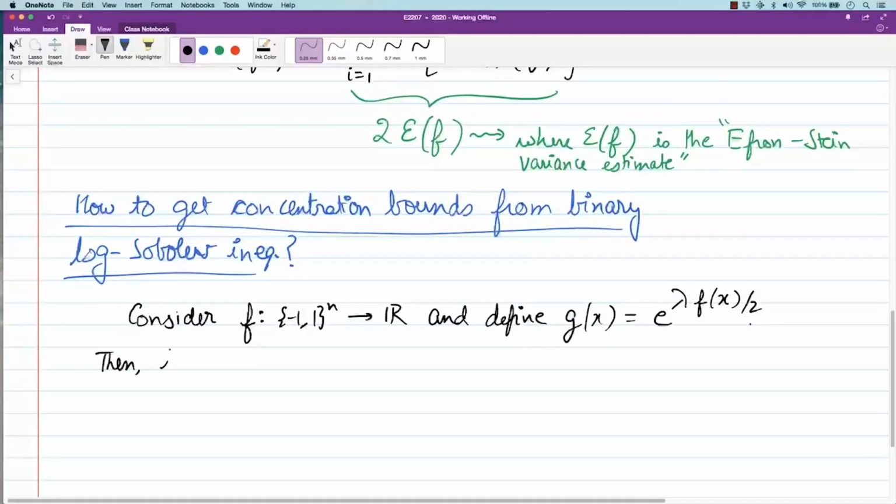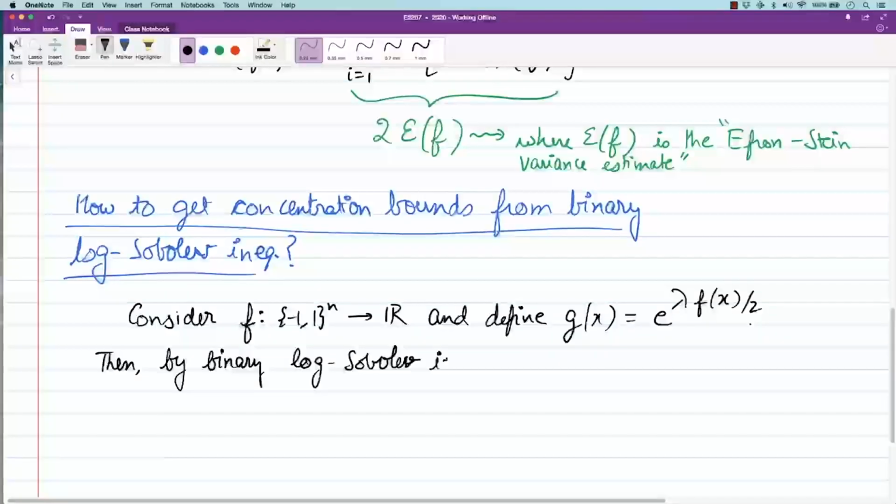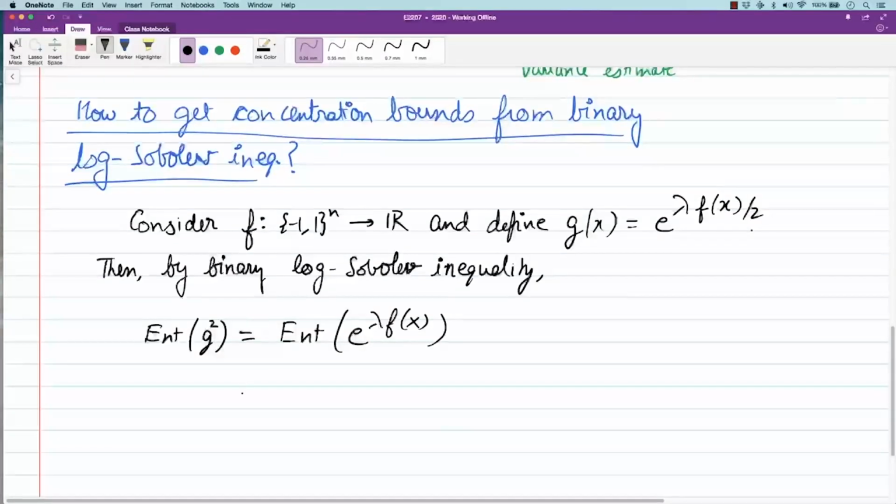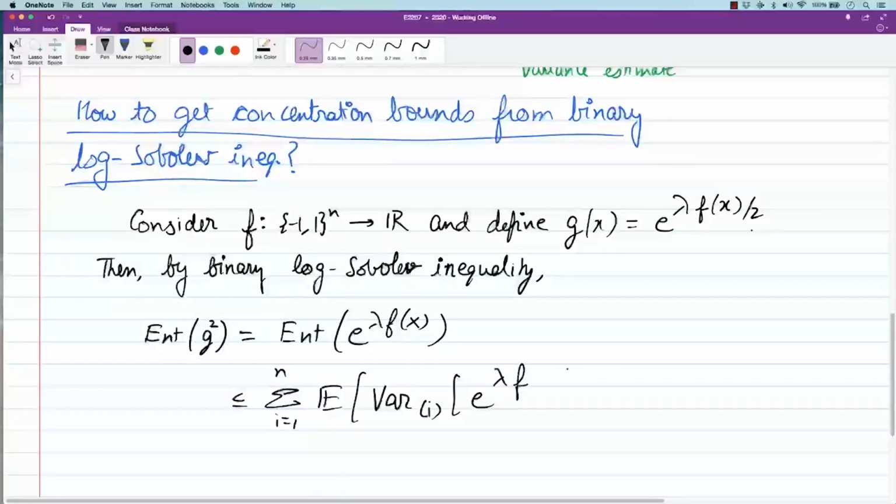Then by the binary log-Sobolev inequality, the entropy of g square, which is the entropy of e to the power lambda f(x), is less than or equal to summation i equal to 1 to n expected value of variance i of e to the power lambda f(x) by 2.